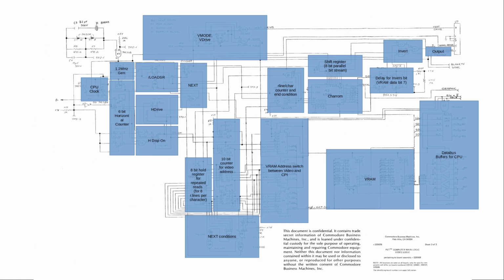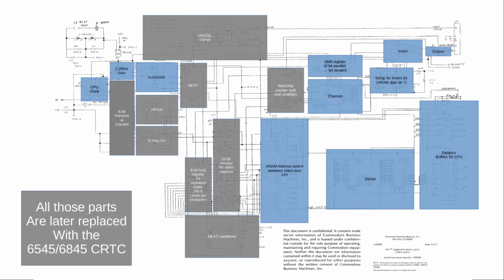But before I go into detail of the schematic, I would like to show you how this evolved in later stages of the PET, because in later stages this all has been simplified by the use of the CRTC controller chip, the video controller chip. All those parts that are shown here in gray have been replaced by the CRTC chip.